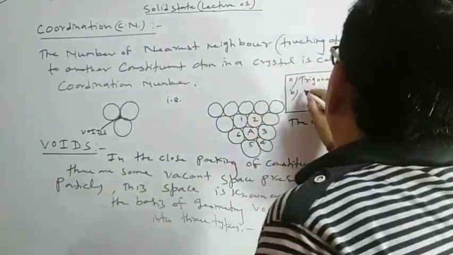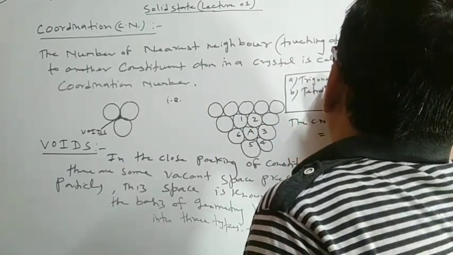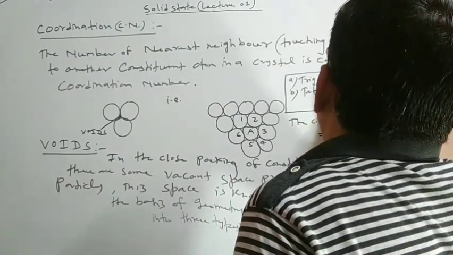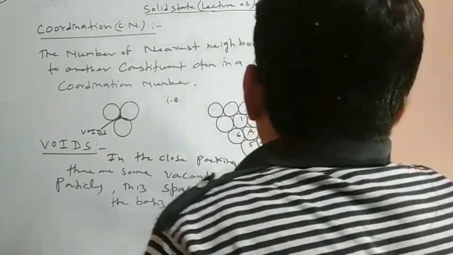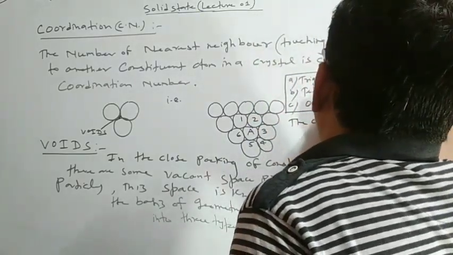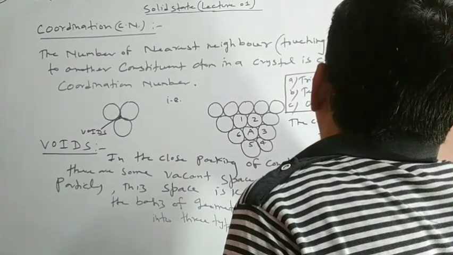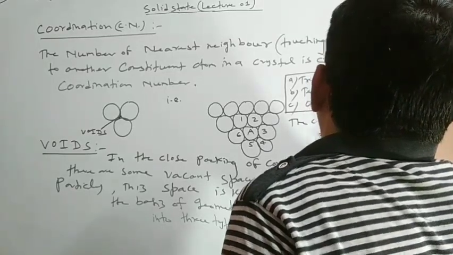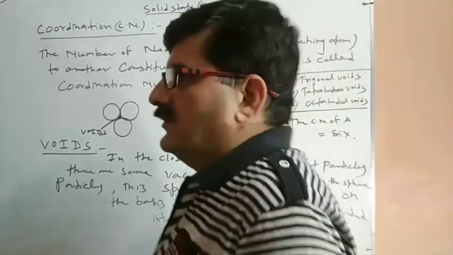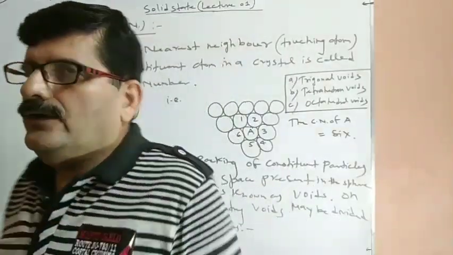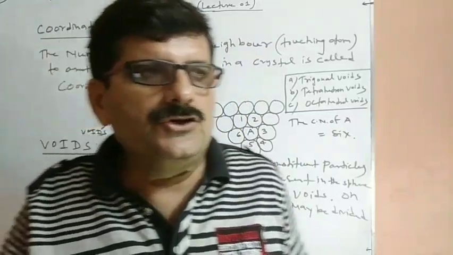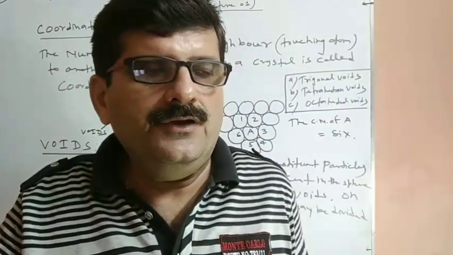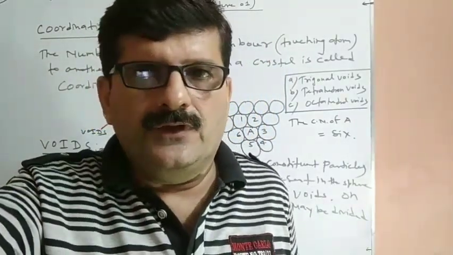B, tetrahedral voids. And the last one, octahedral voids. Tetrahedral and octahedral voids are generally obtained in a three-dimensional structure.